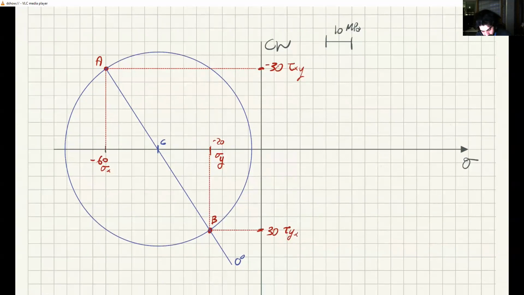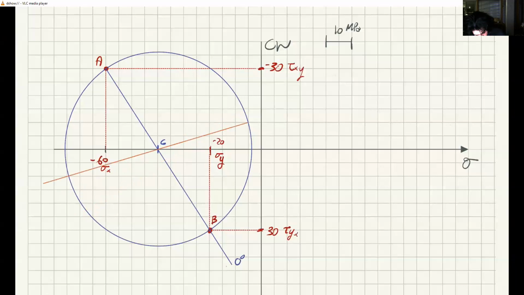And so let me draw this rotated version. Let's say this is 100 degrees.